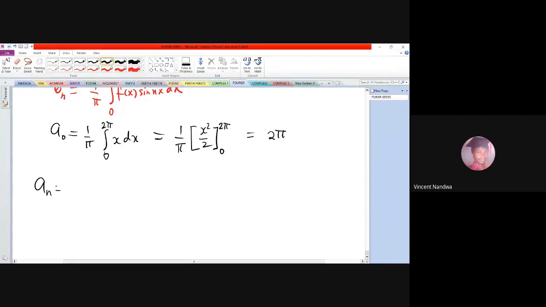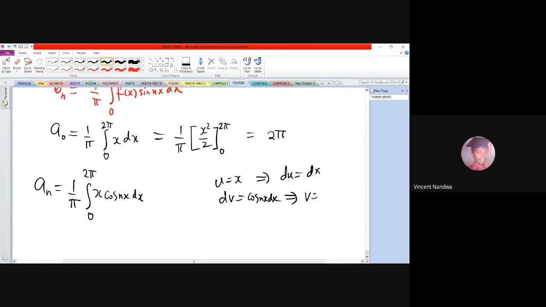And then an will be 1 over pi, integral 0 to 2 pi, x cosine of nx dx. Use integration by parts, let u be x, which means du will be dx. dv is cos nx dx, which means integrating, v gives you sine nx over n.